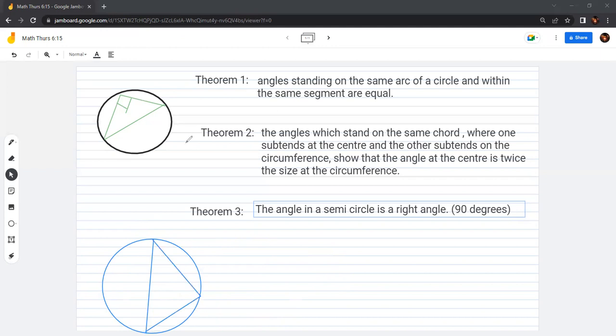All right, so let's say they gave us, this has 52. And they asked us to find A and B. Let's try this one. All right, so this angle up here is 52 degrees.